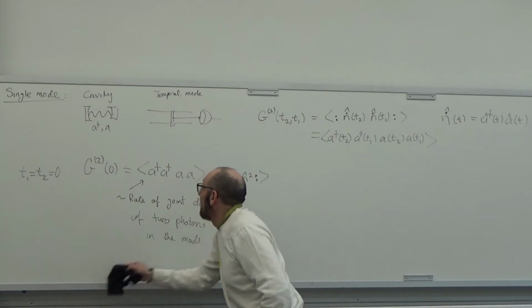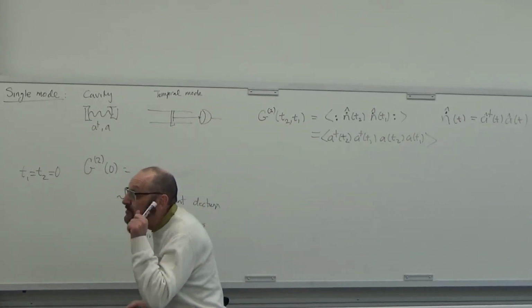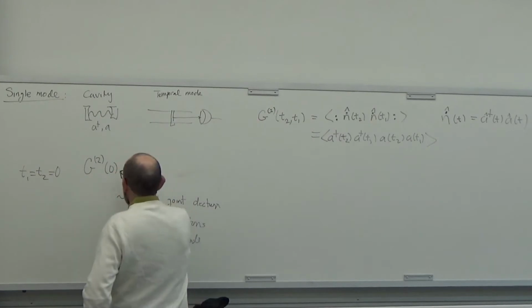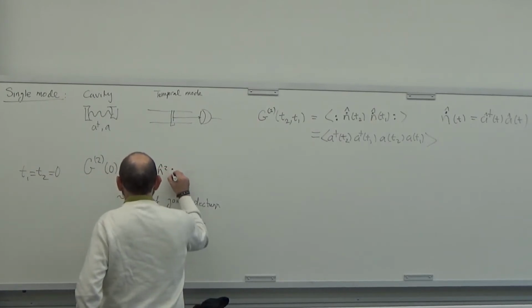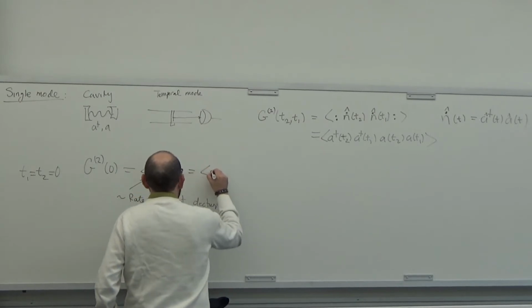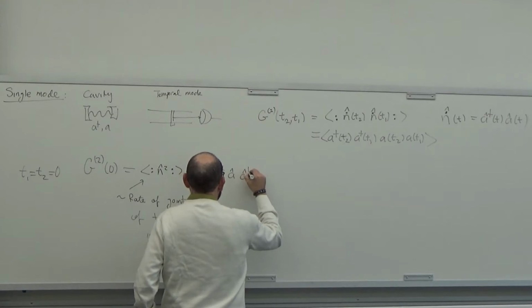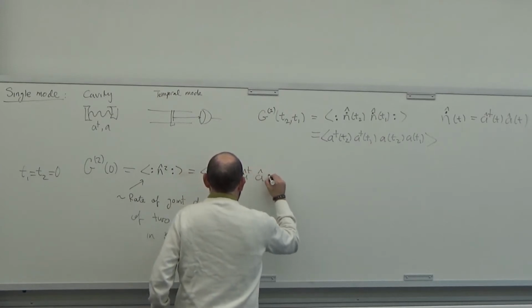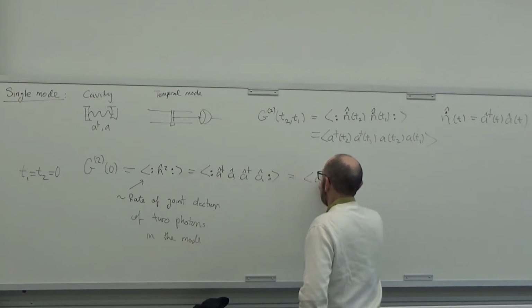Let me write it a slightly different way just to emphasize some facts, because this can be very confusing. So this is equal to this, which is equal to... But this symbol means this.